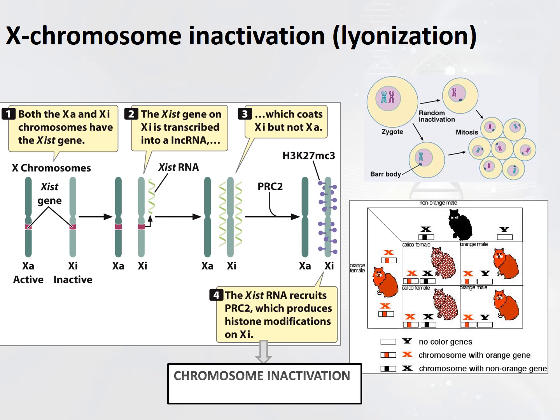The mechanism involves a long non-coding RNA, which is known as XIST, and this XIST is randomly expressed by one of the X chromosomes and immediately coats that chromosome.